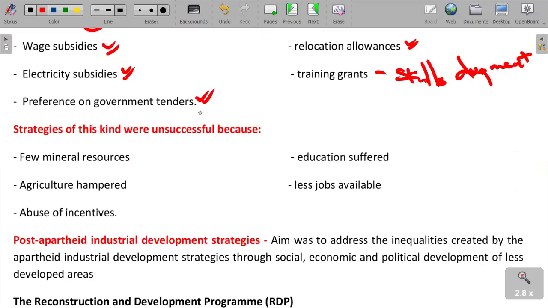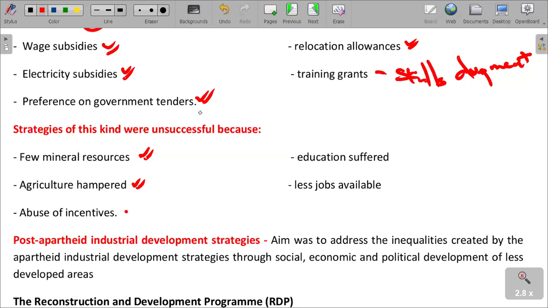So strategies of this kind were unsuccessful because we had few mineral resources for them to make money. Agriculture was not very successful because of factors to do with mechanization as well as labor.